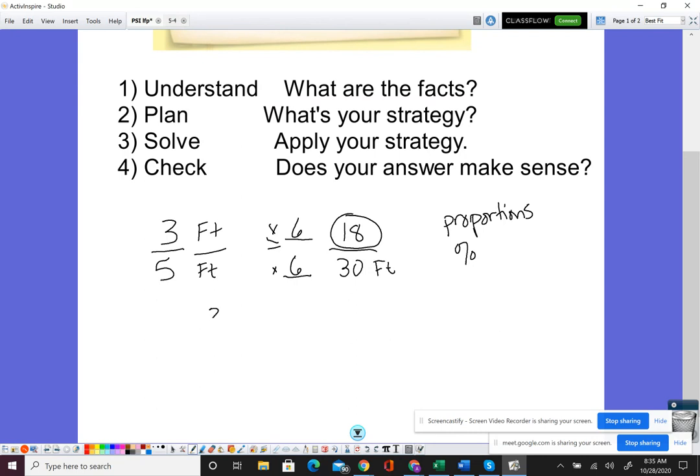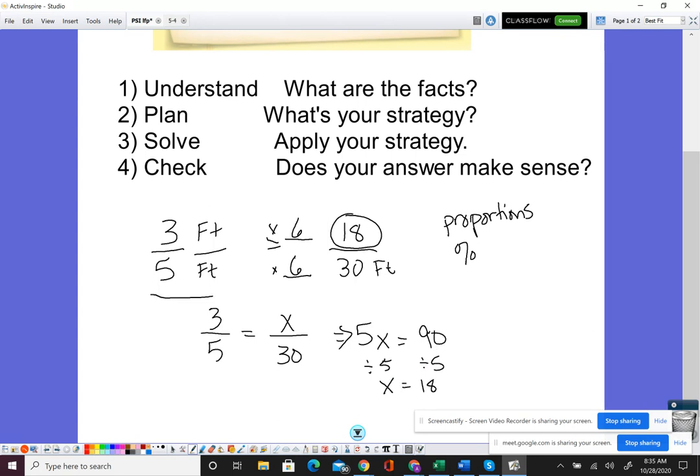So if we were doing it not that method, but with cross multiplication, it would look like this. 5x equals 90. We would divide by 5, and we would get x equals 18 that way.